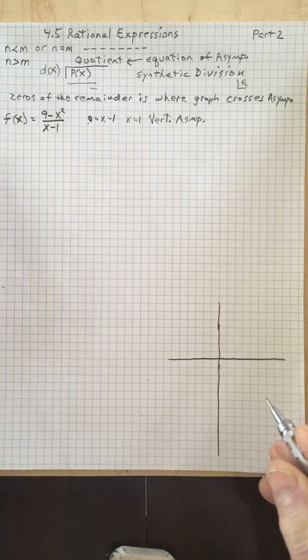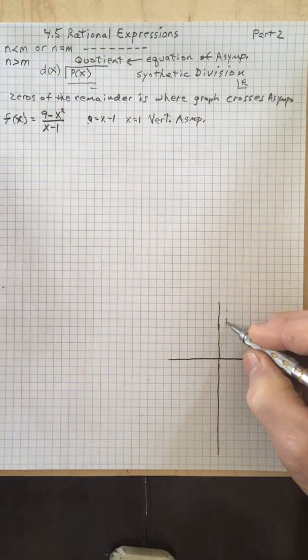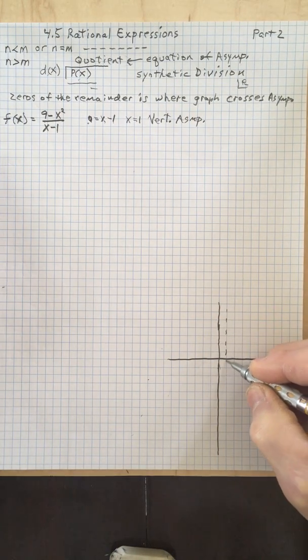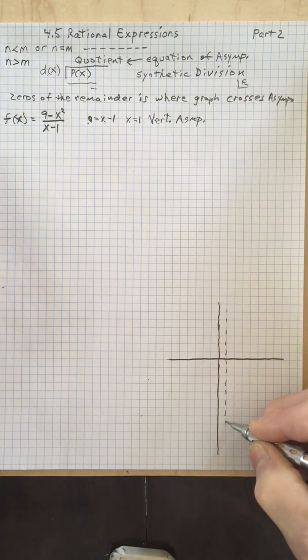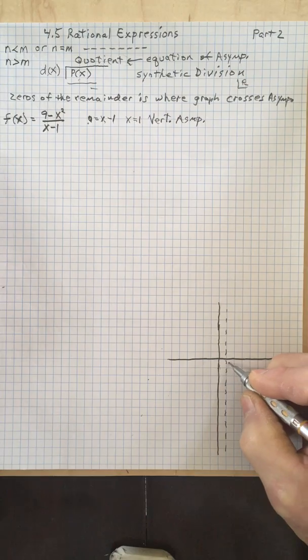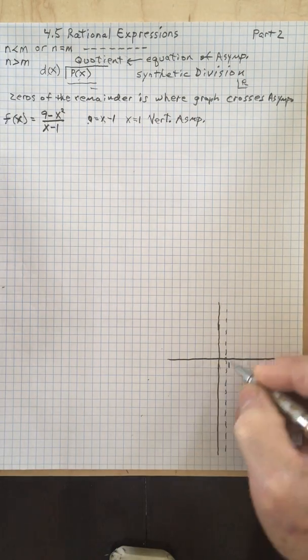Let's go ahead and put that in there, right here. x equals 1. Okay, so there's our asymptote.